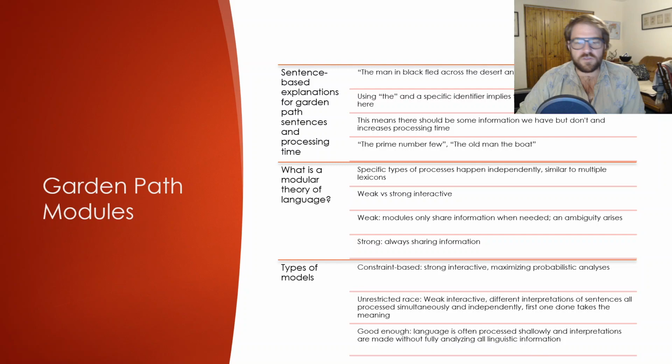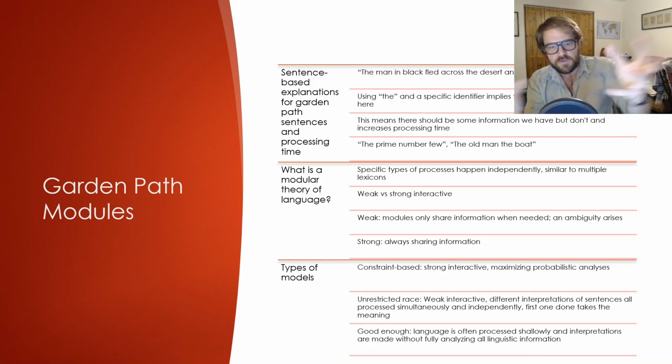And then this kind of goes away. Obviously we're not talking about the old man, or maybe we are, and that kind of stays, and we're talking about the boat. A lot of different wells open up because we're trying to figure out what's going on. And when we finally realize we're talking about the old people, then the marble falls into this now most probabilistic gravity well. That's a constraint-based model.